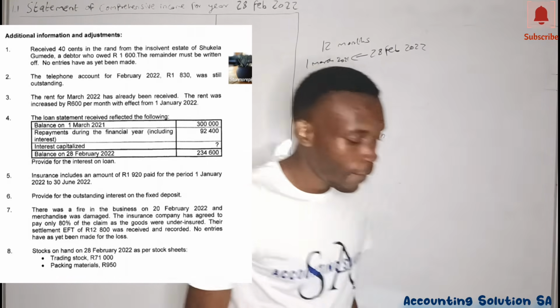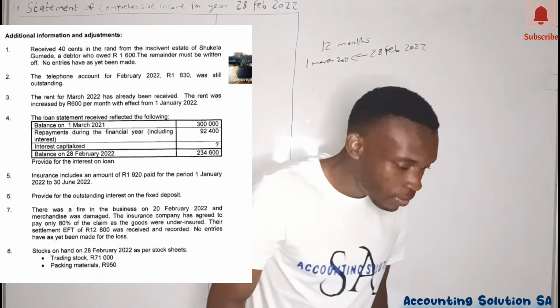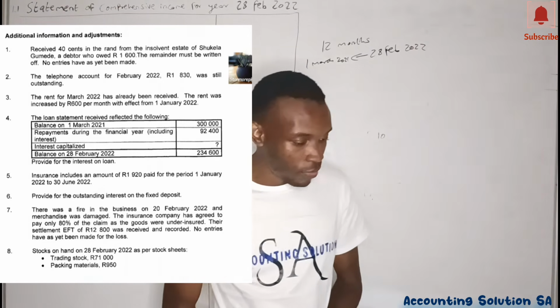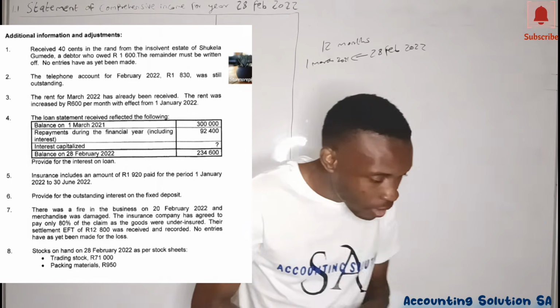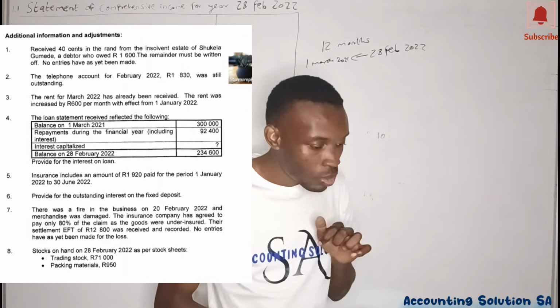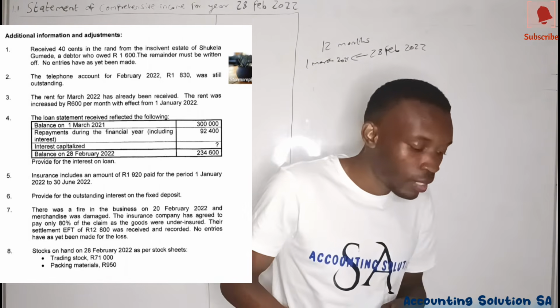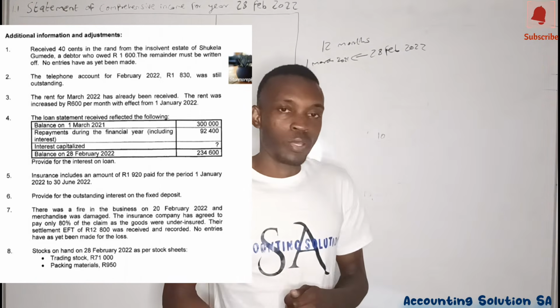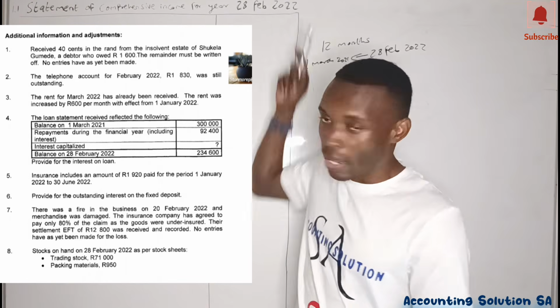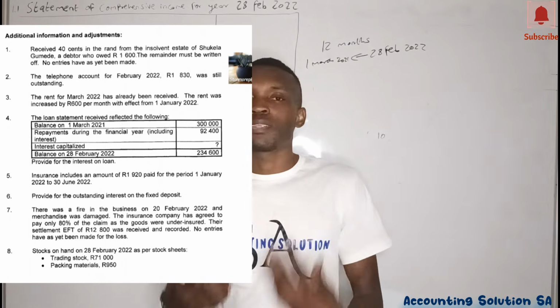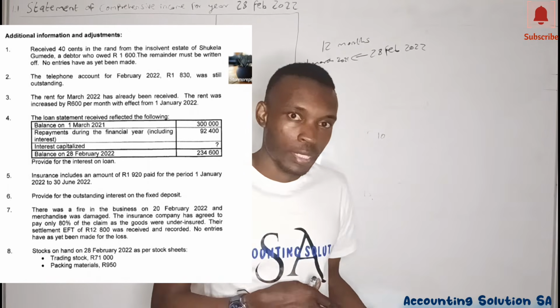They said the loan statement received reflects the following. Okay, I skip number 3. Number 3, they said a rent for March 2022 has already been received. Okay, remember our financial reporting period is ending 28 February. Now we have received an amount of rent for March.